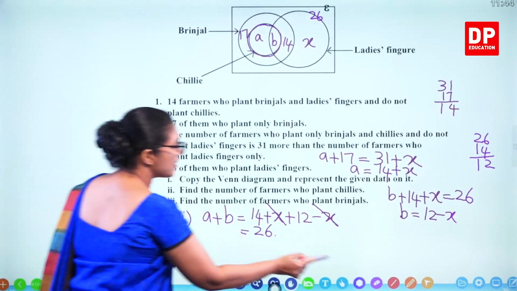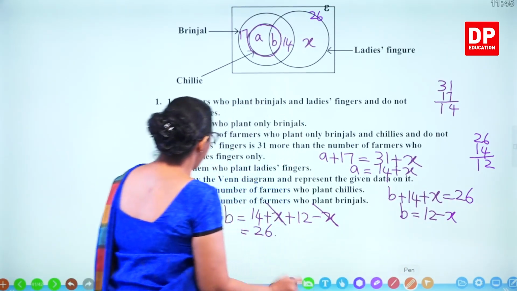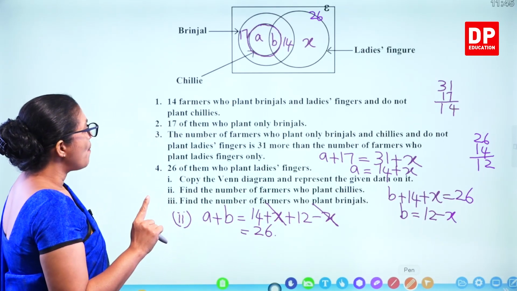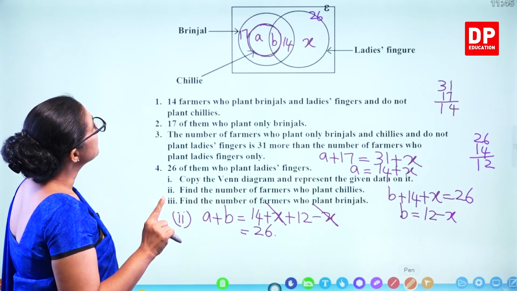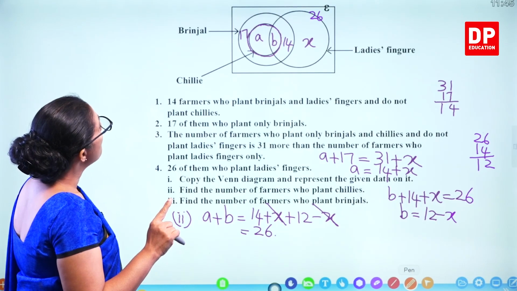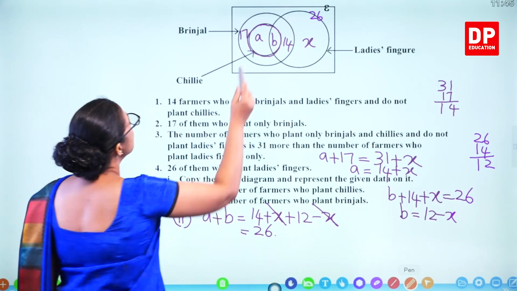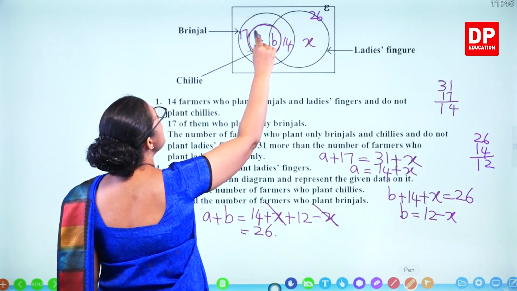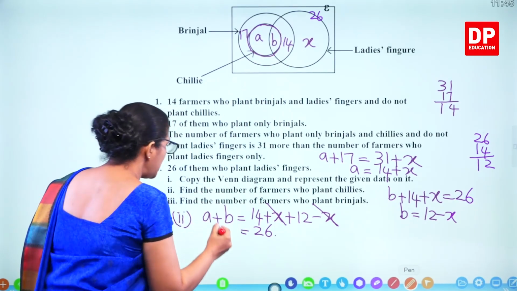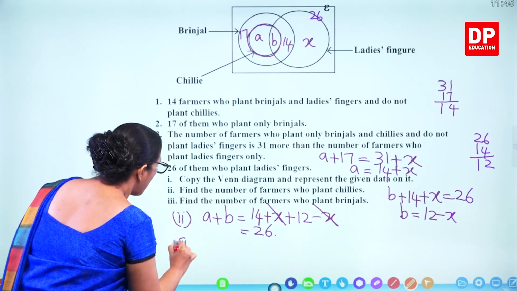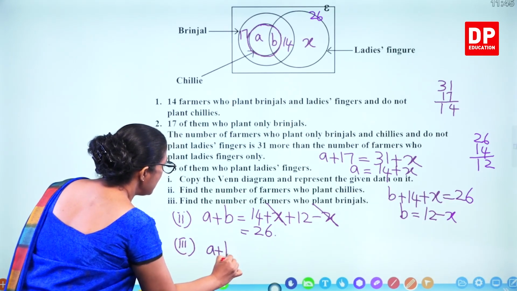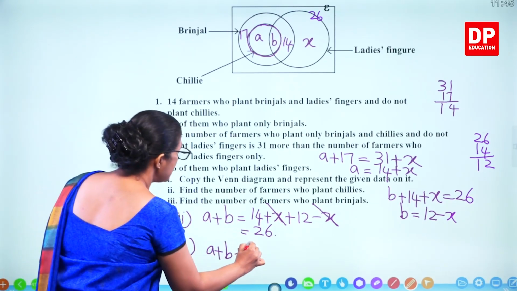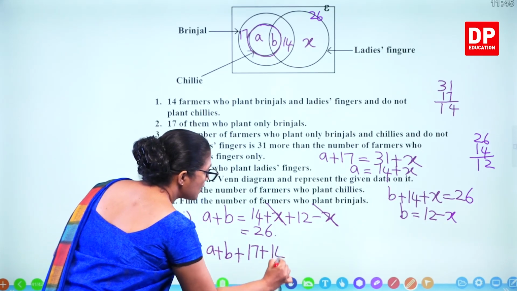And the other part, find the number of farmers who plant brinjals. Brinjals is this circle. So 17 plus A plus B plus 14. So third part, A plus B plus 17 plus 14.